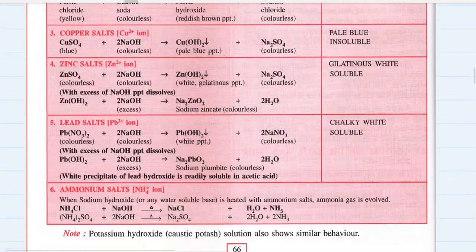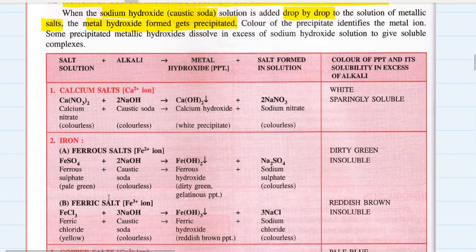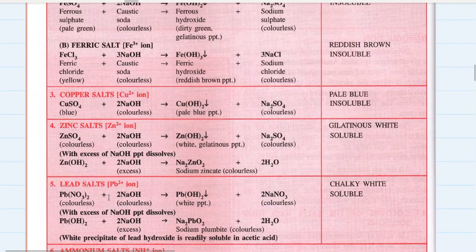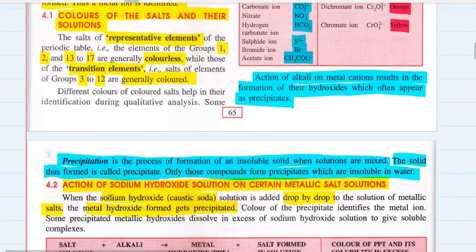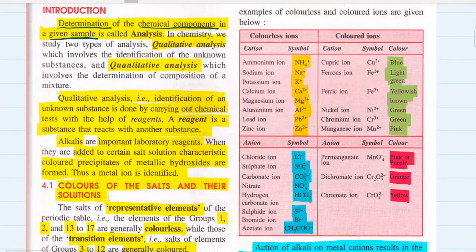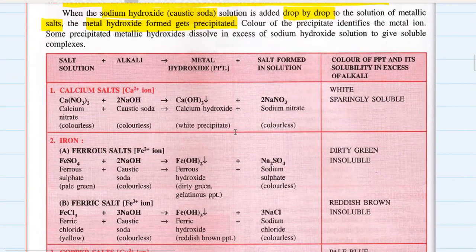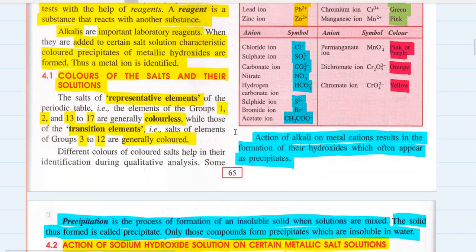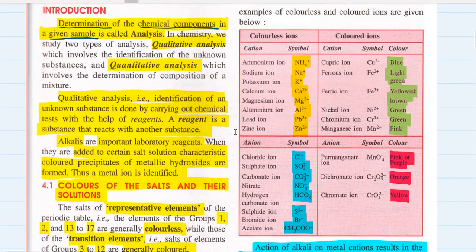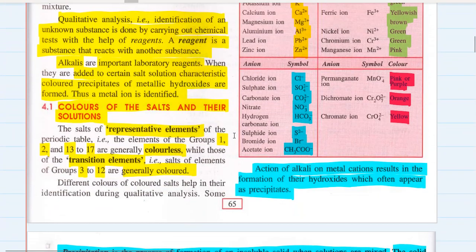Only selected metallic ion reactions are given over here. Only six different equations. Out of all these different metallic ions, only 6 have to be studied in detail. So don't worry about that. You must remember the color of each and every one of them, but out of these only 6 are discussed in detail.